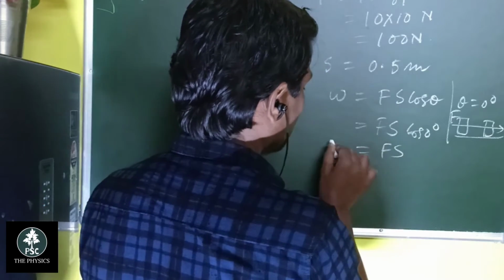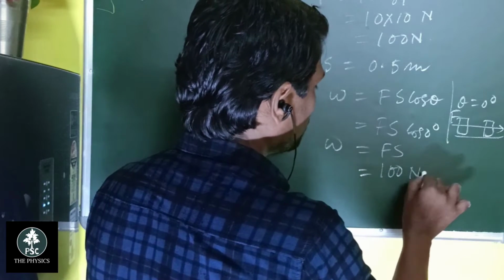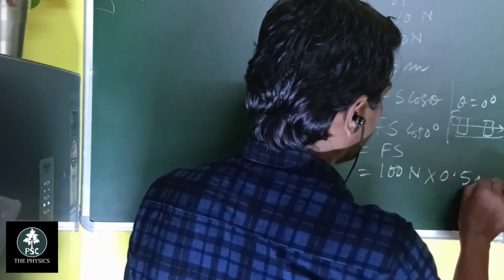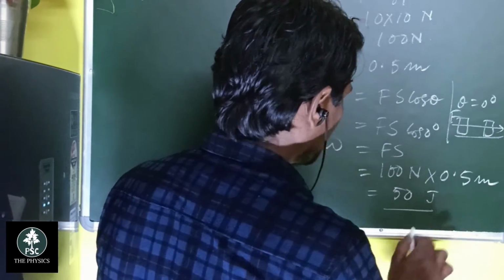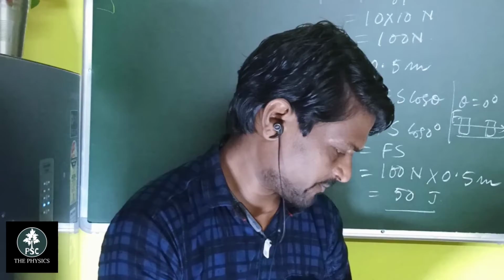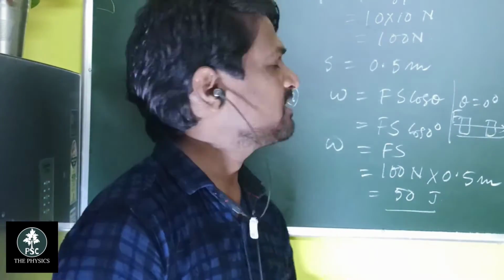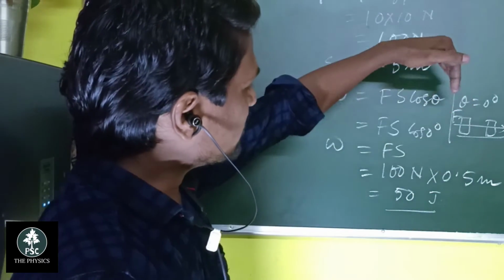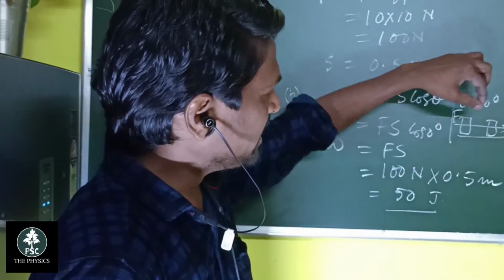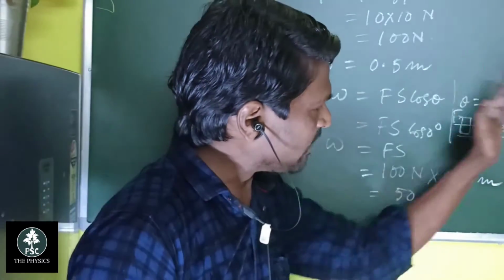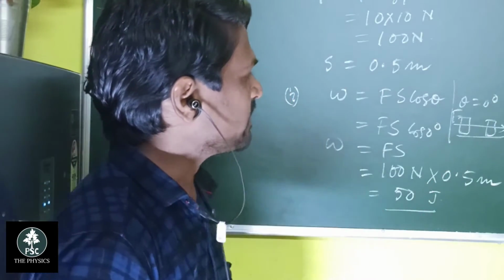So W equals Fs, the force 100 Newton into 0.5 meter, which is 50 Newton meter, that is, joule. So 50 joule is the answer. Is it clear or not? The concept is that if the object is displaced along the direction of force, then you have to take theta equal to 0 degrees.